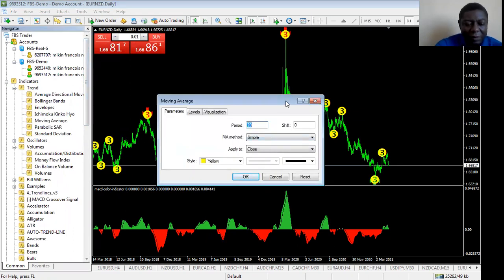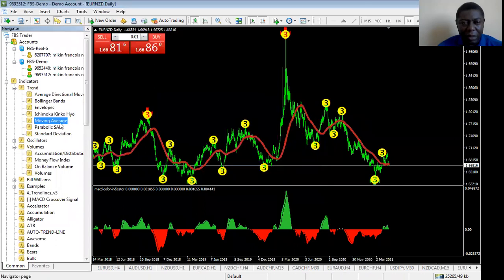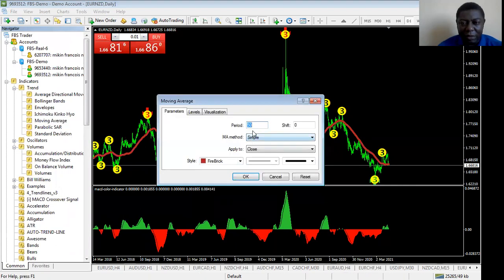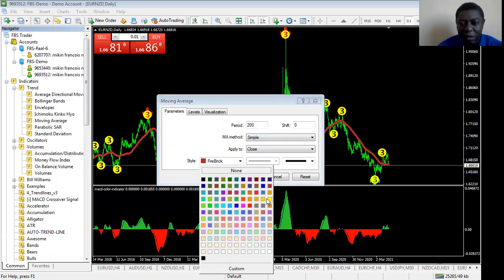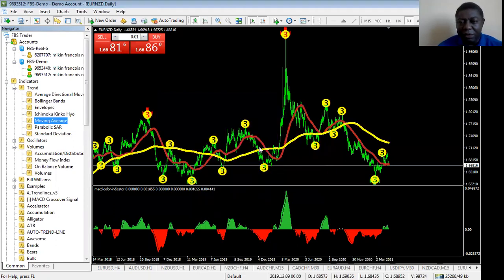This is the 50, and I'll put the color to be fire brick. Okay, the 200, let's say, to be yellow. So these are the two moving averages that we use.